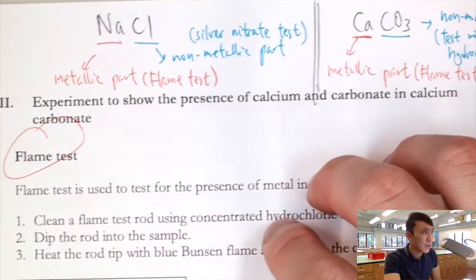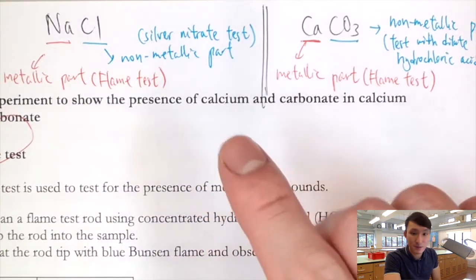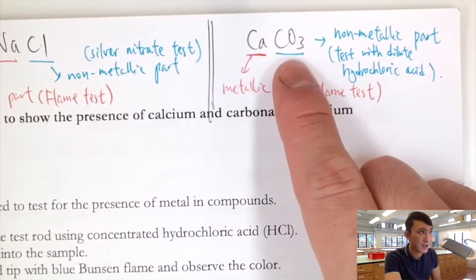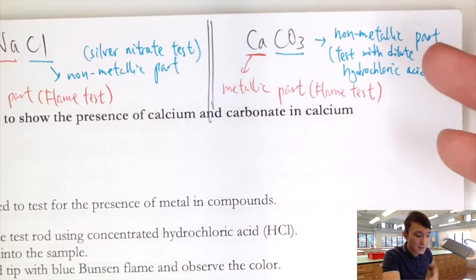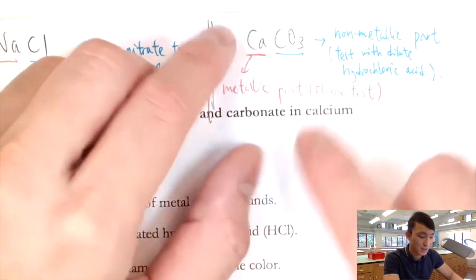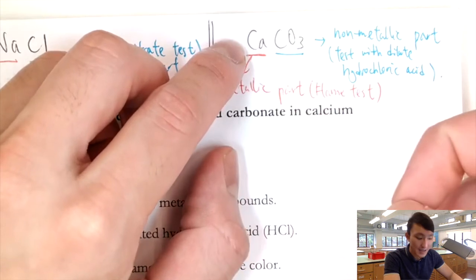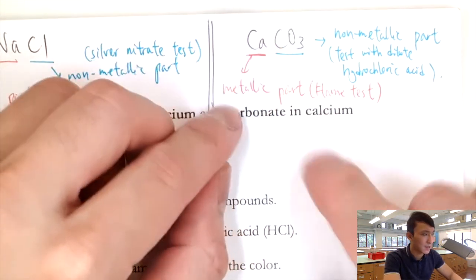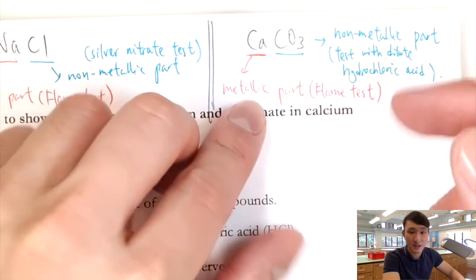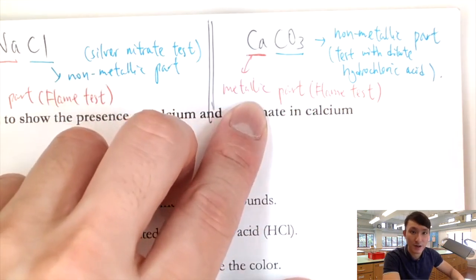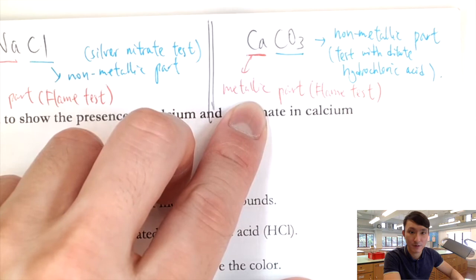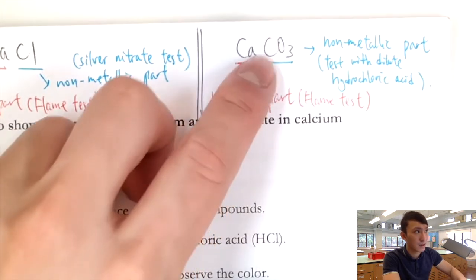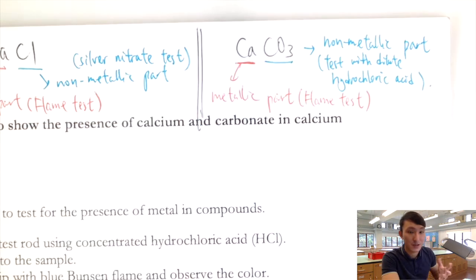So now we are going to do a very similar thing, but this time it is calcium carbonate. Again, this calcium carbonate has a metallic part, which is the calcium, and a non-metallic part, which is the carbonate. Okay. Now for the metallic part, we will do a flame test, and we are looking for a brick red flame. But for the non-metallic part, we have another test.